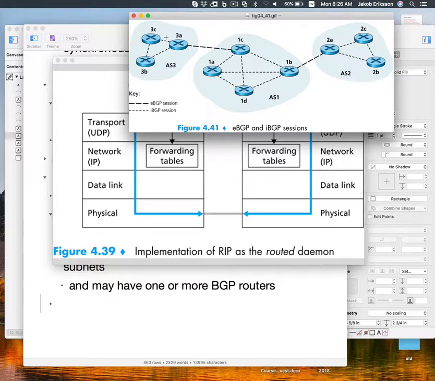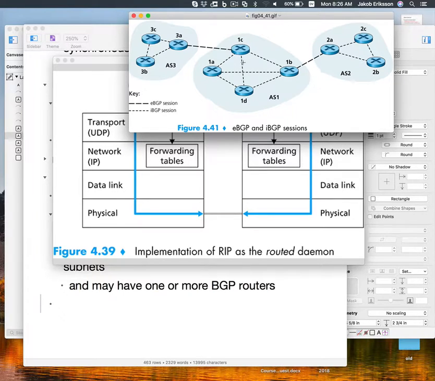Like a link either exists or it doesn't exist. This border between autonomous systems is not something you can represent in the standard flat routing protocols. At least not with the options that we've discussed.